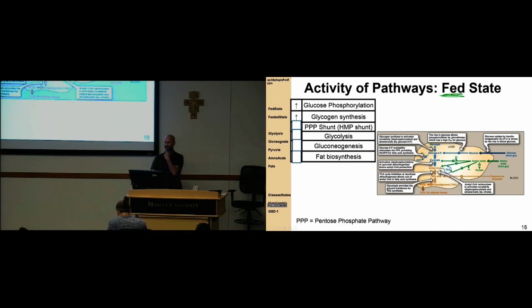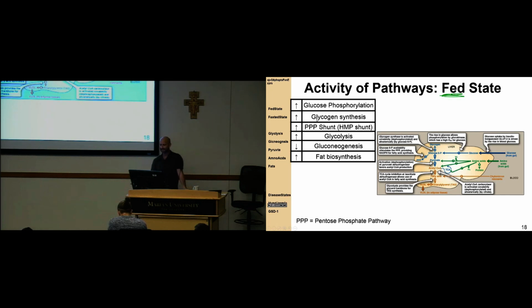Pentose phosphate pathway, up or down? Yep, up. Glycolysis, up or down? I see sideways thumbs. Up, okay, we'll get into that. Gluconeogenesis, up or down? Yep, got it, down, very good, switch it up. Fat biosynthesis, up or down? Up, yep, you guys got it right.